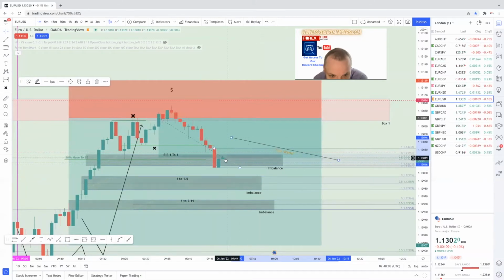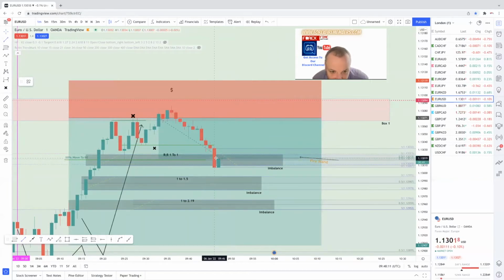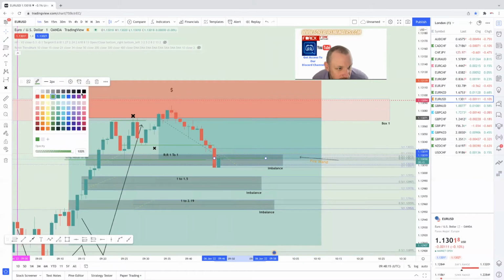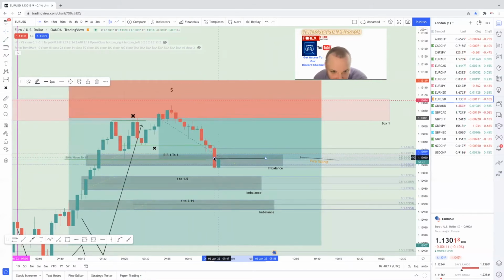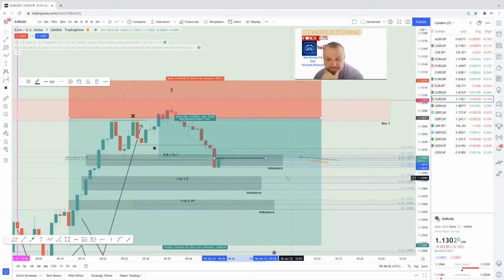So again, we're balancing right on the 50% area of that candle. And look, it's just respecting that there. Now it's going to move up through it.